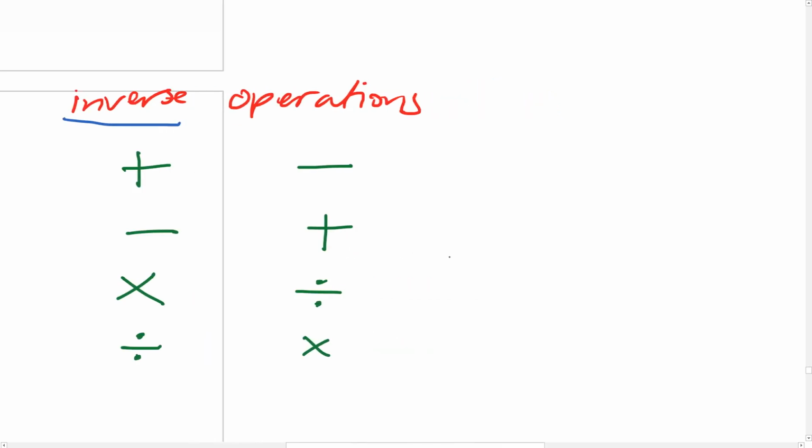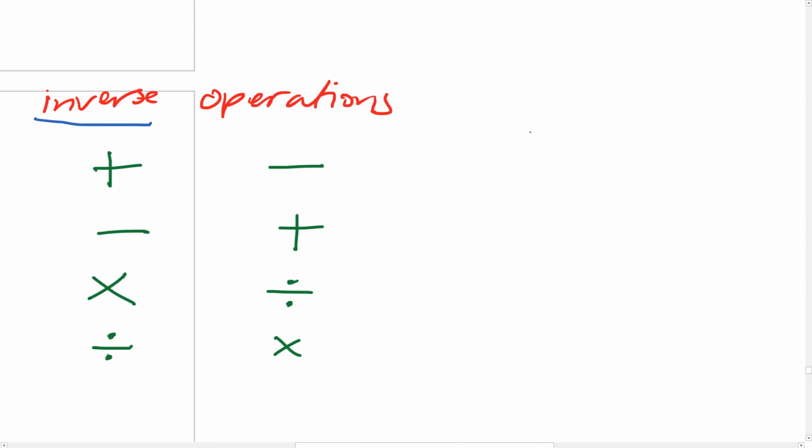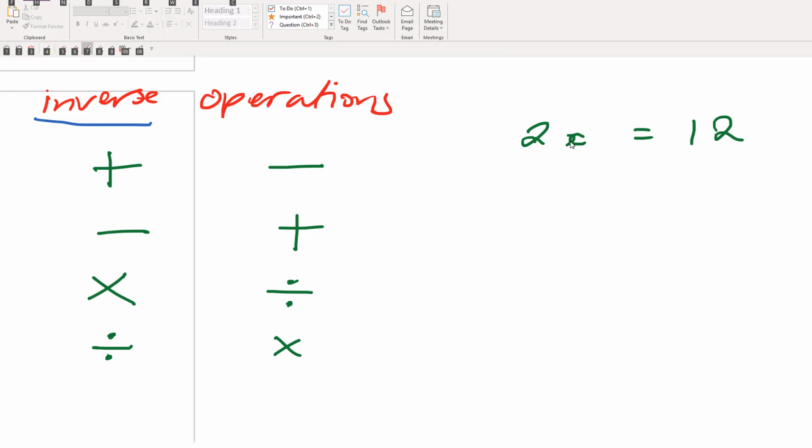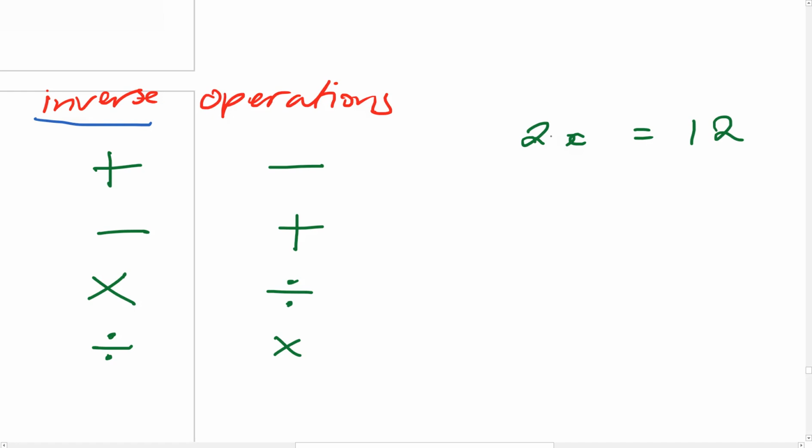So let's put some of that into context. Let's say you've got 2x equals 12. So in this case, this is saying 2 times x equals 12. What is x? You want to try and isolate x, make x by itself, so you have to get rid of this 2 and put it on the other side. With inverse operations, whenever you're moving a number from one side to the other, you have to change it to its inverse operation.